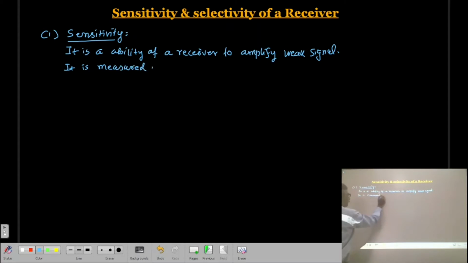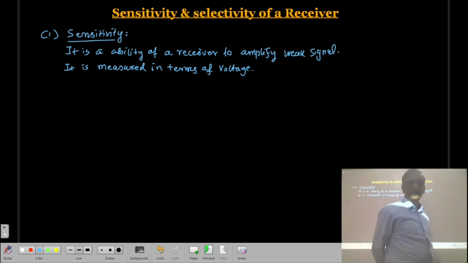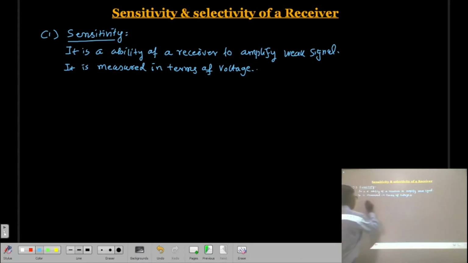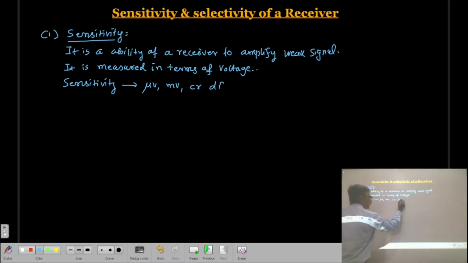Now this input voltage can be in the order of a microvolt or a millivolt. It is also measured in terms of dB. So we can represent the sensitivity in terms of a microvolt or a millivolt, or it is also represented in terms of dB.